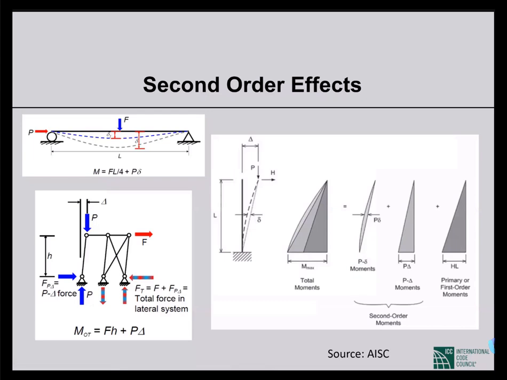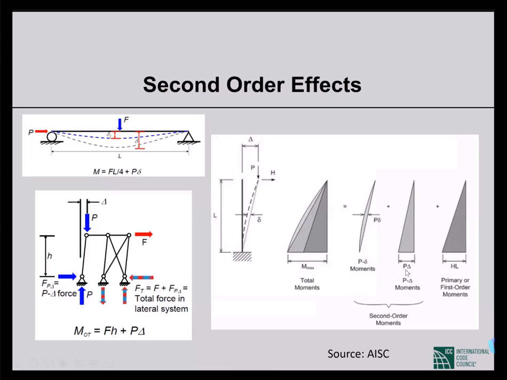But due to that lateral load, it will experience a drift of this large delta. So for the vertical P load, the gravity load, this will experience another additional moment, P large delta.